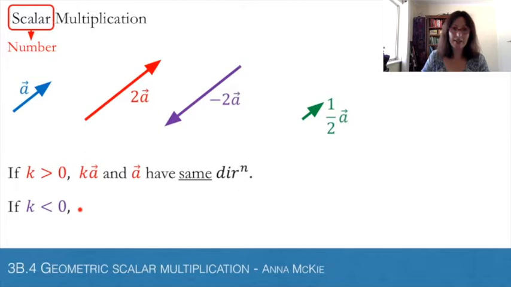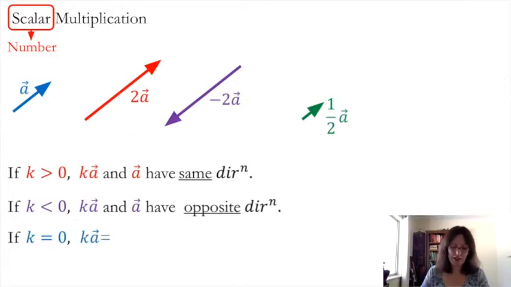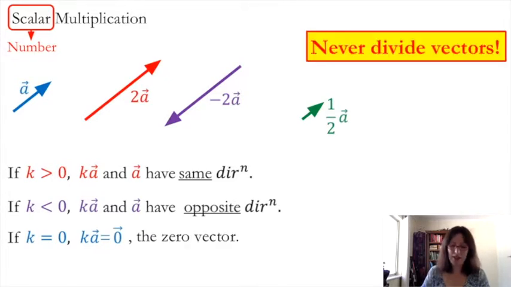If K is less than 0, so if that scalar is negative, then Ka and A, those vectors, have the opposite direction. What about if it's equal to 0? What if that scalar is 0? Then the vector Ka would be the 0 vector. It's going nowhere.